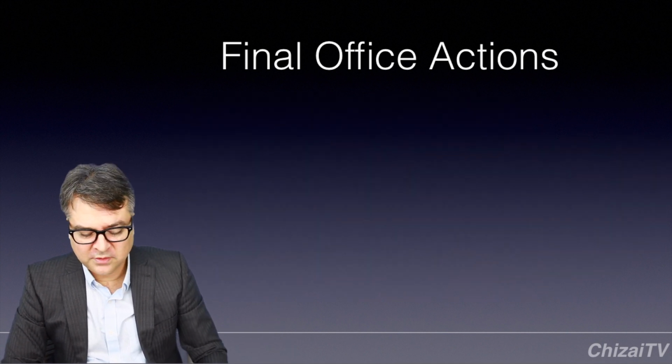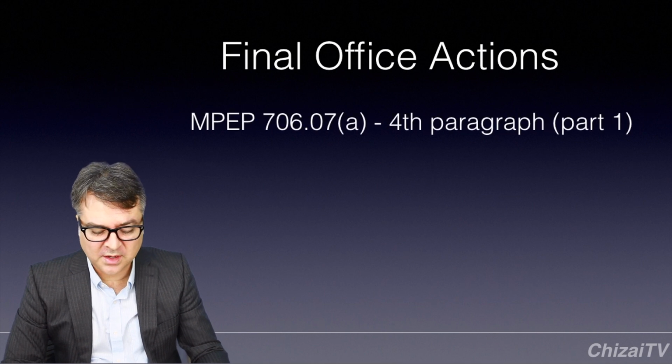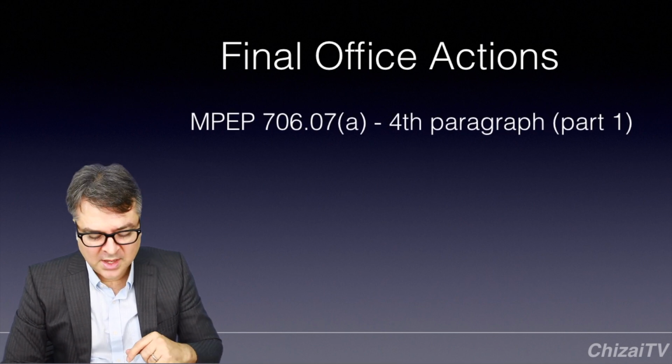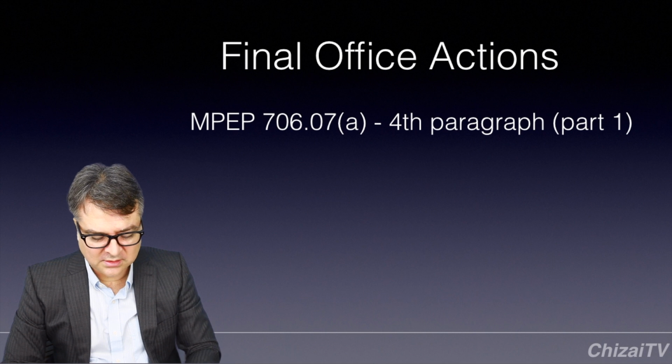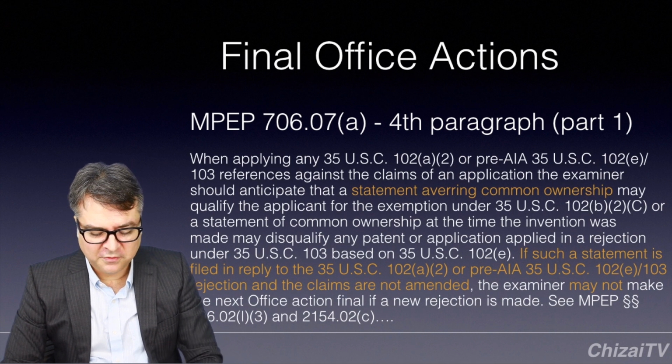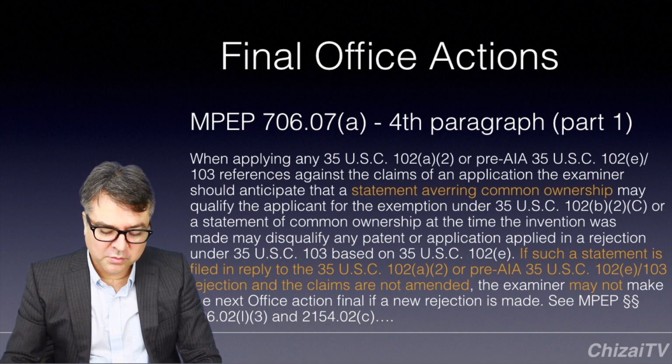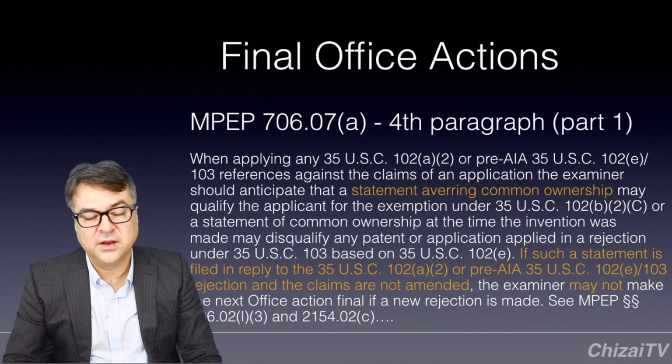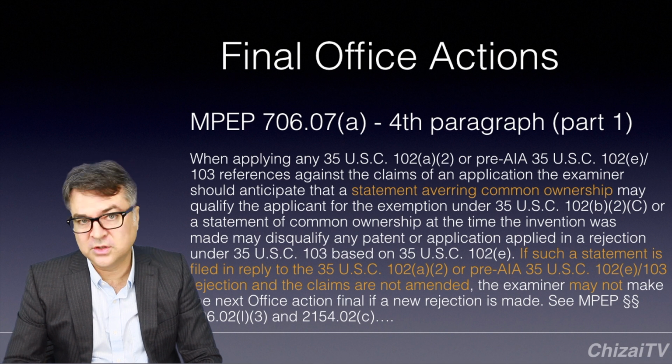Okay, so fourth paragraph. The fourth paragraph is a long paragraph, so I split it into two parts, and actually the topics are slightly different. But basically paragraph 4 relates to removing prior art based on the common ownership or the research agreement rules.